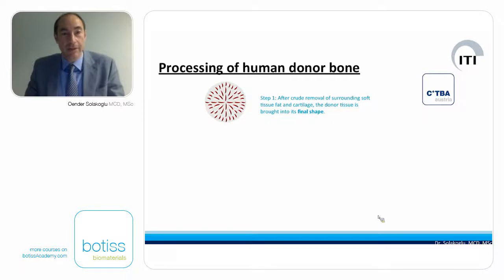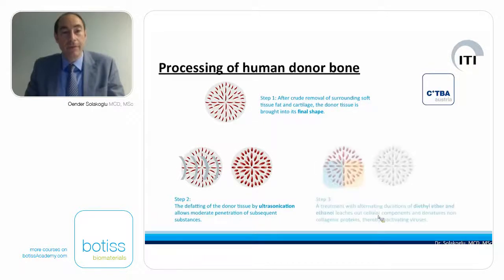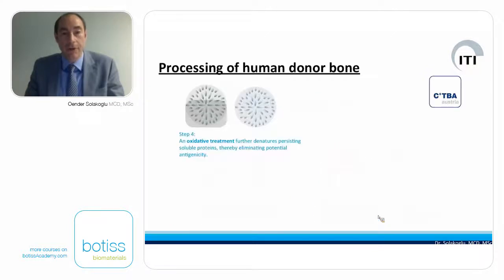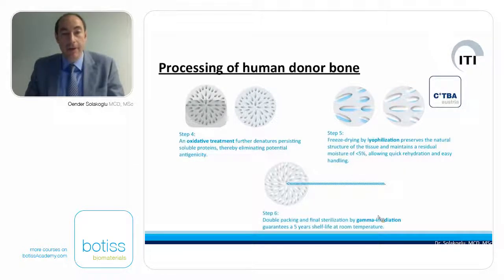Then the processing of this donor tissue is a very long and very well documented procedure with ultrasonic cleaning and the diethyl ether and ethanol cleaning, the oxidative treatment, the lyophilization, and then finally a gamma irradiation, even to destroy potential DNA.